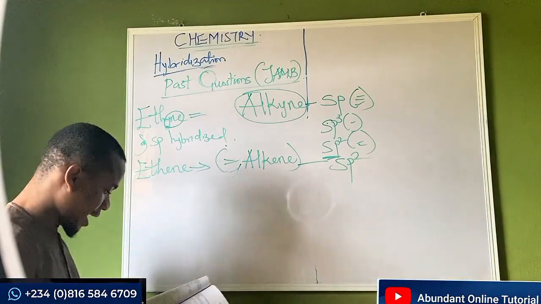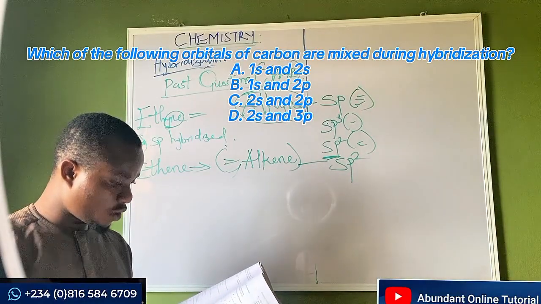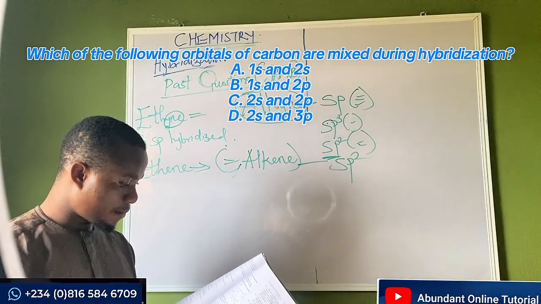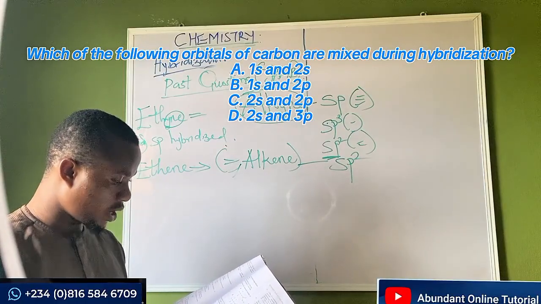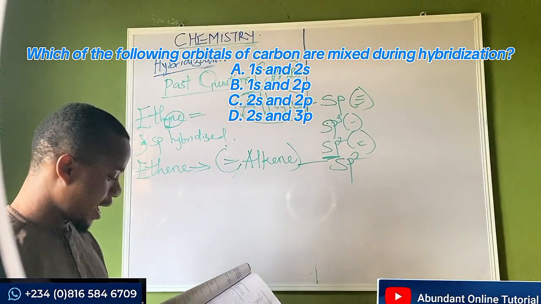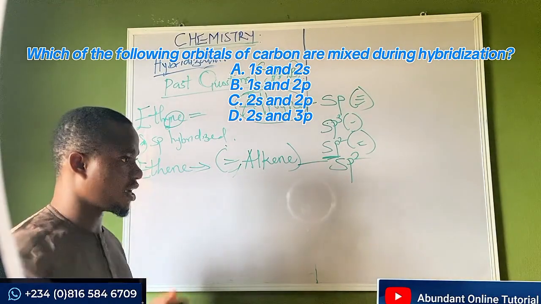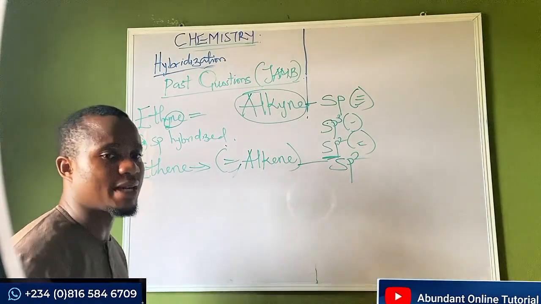So this one is sp2 hybridized. Then the next one says, which of the following orbitals of carbon are mixed during hybridization? All right, let me explain. They said which of them are mixed.